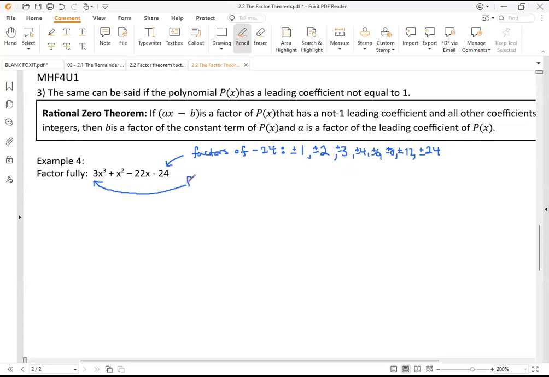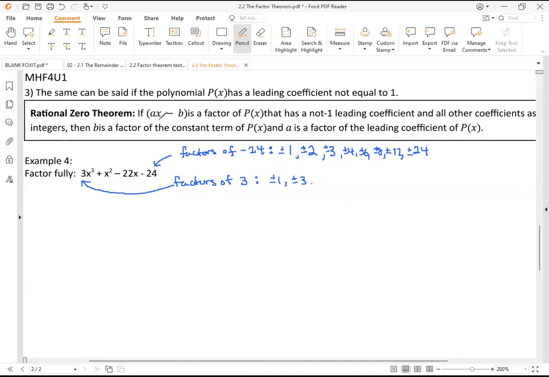What are the factors of 3? One and 3. Rational zero theorem: if ax minus b is a factor of a polynomial that doesn't have a 1, b is a factor of negative 24, and a is a factor of 3.